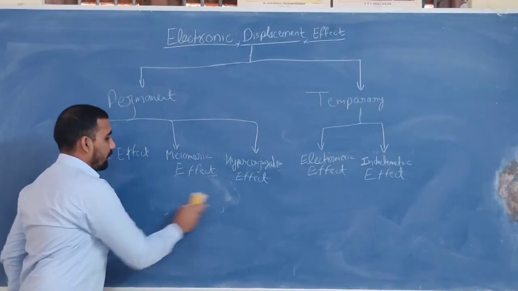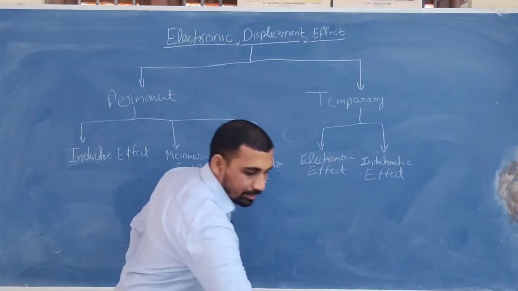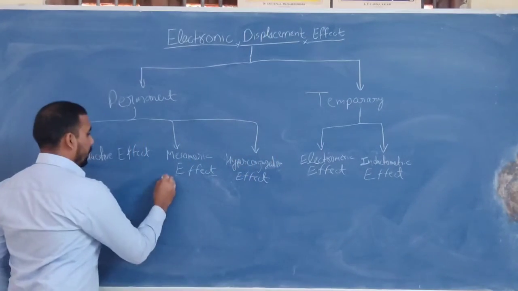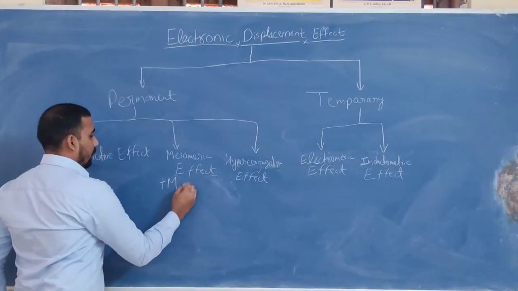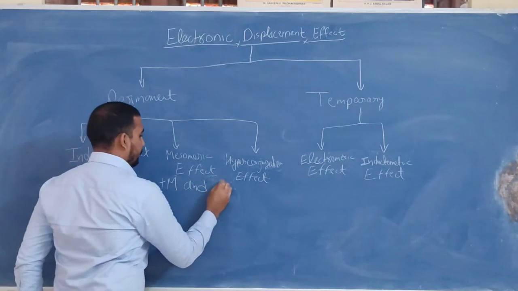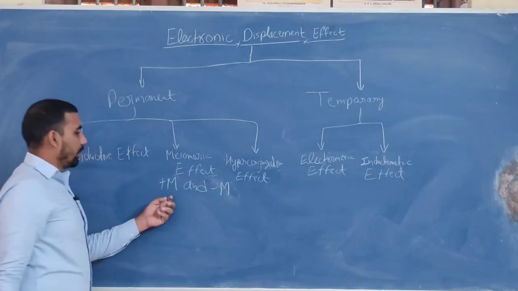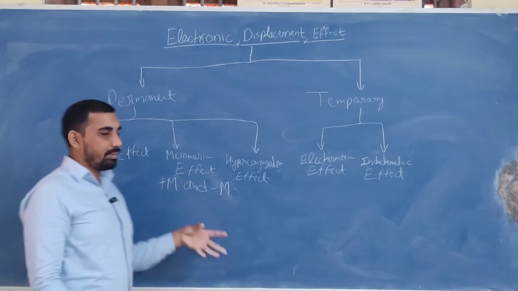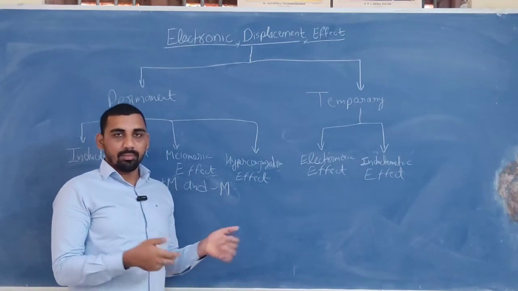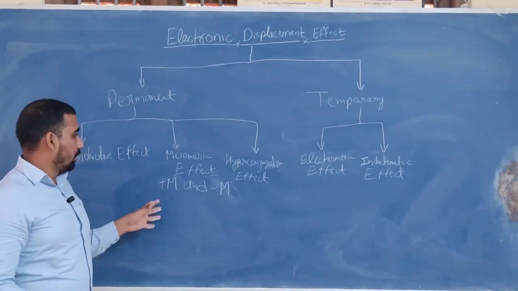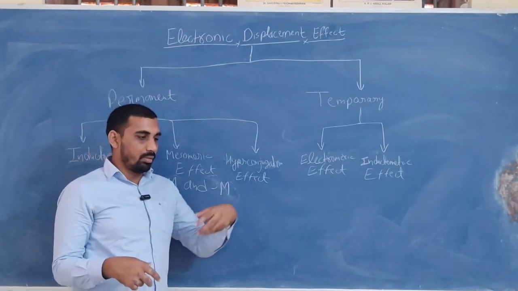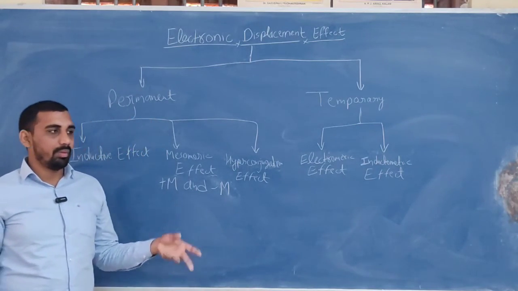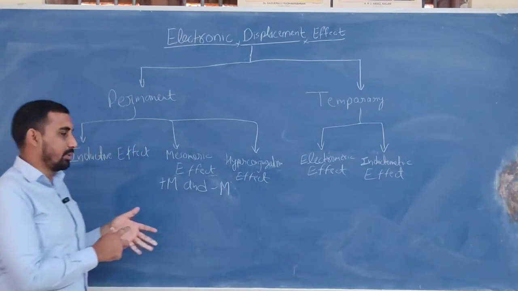This mesomeric effect is of 2 types. It is shown by plus M and minus M. What happens in plus M? In the plus M effect, any group attached to the pi bond skeleton will donate its electron pair into the pi system.